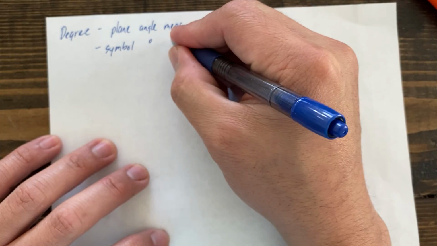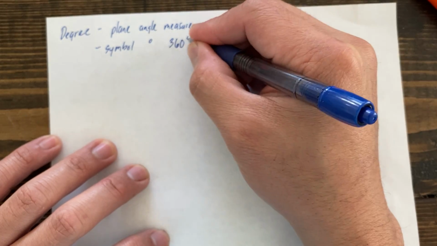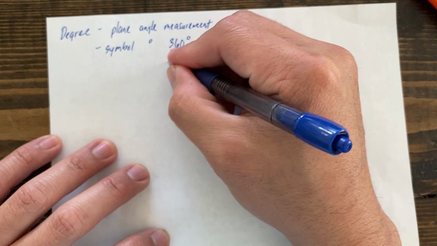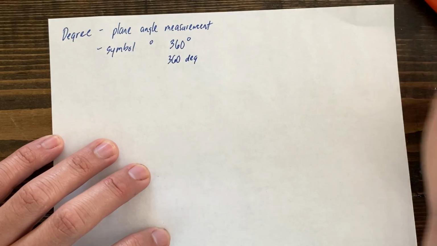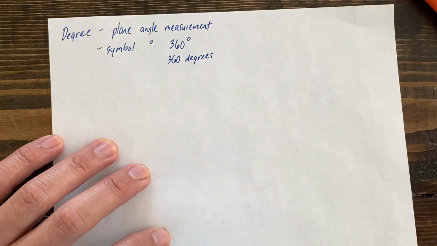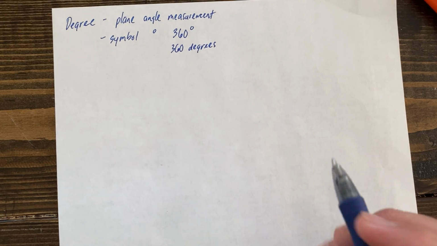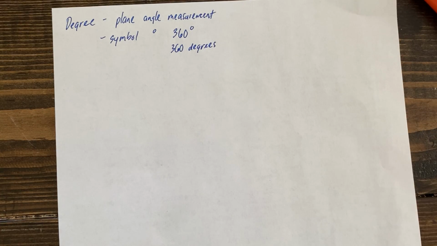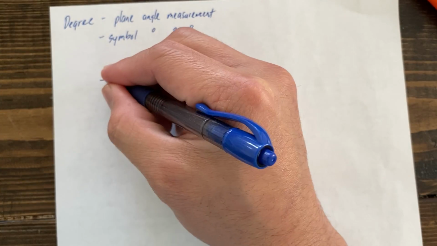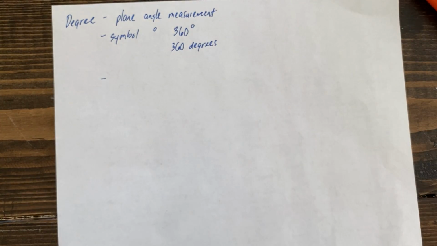For example, 360 degrees. Some use the word deg or degrees. It doesn't matter.